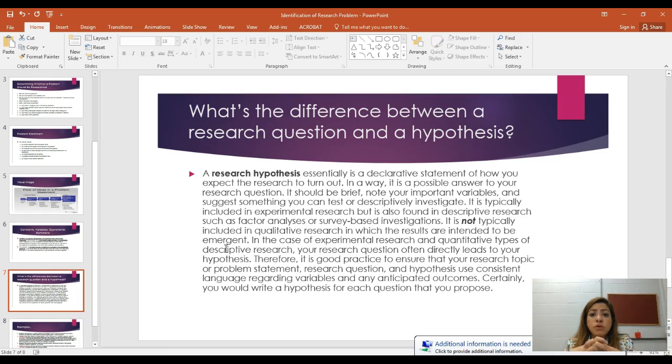What do you think will happen, or what do you want things to end up happening? Essentially it's a declarative statement of how you expect the research to turn out. In a way, it is a possible answer to your research questions.